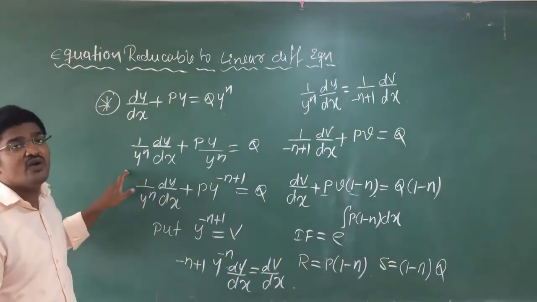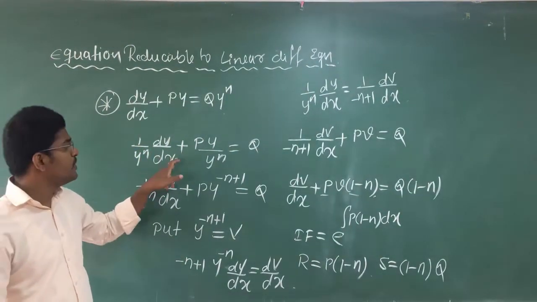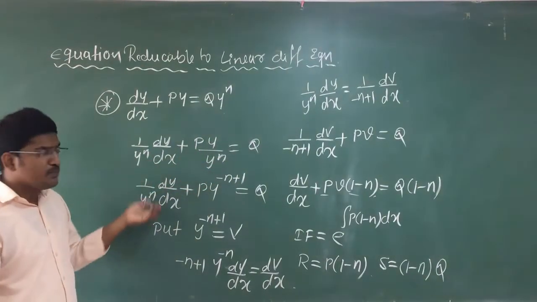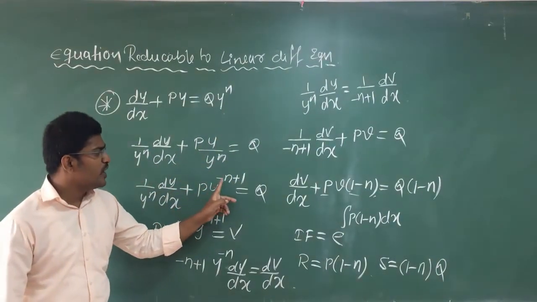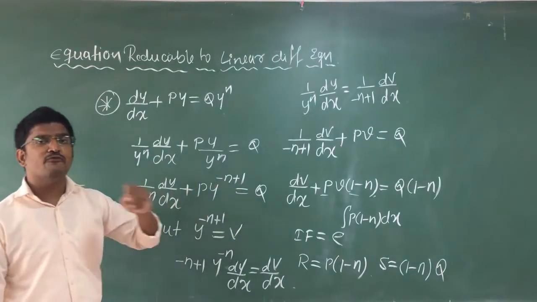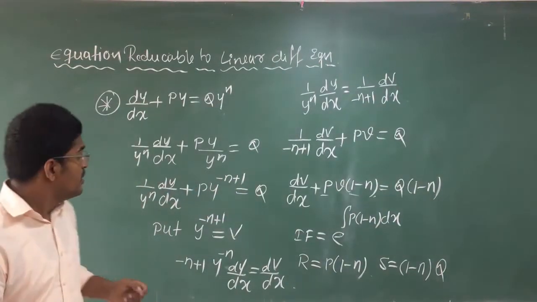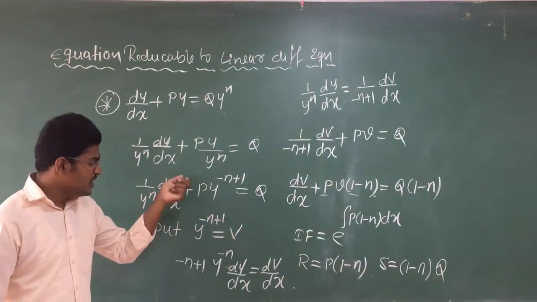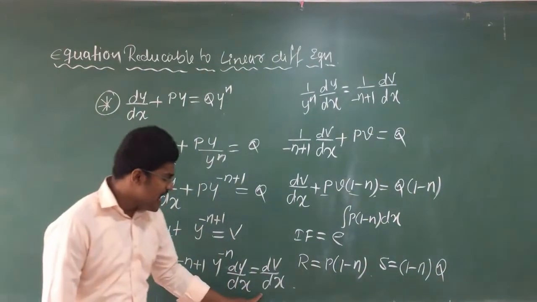It will be 1 by y^n dy by dx plus p y divided by y^n equal to q. If I simplify this, p into y to the power of minus n plus 1 equal to q. I will follow the substitution method now. I will substitute y to the power of minus n plus 1 as v.